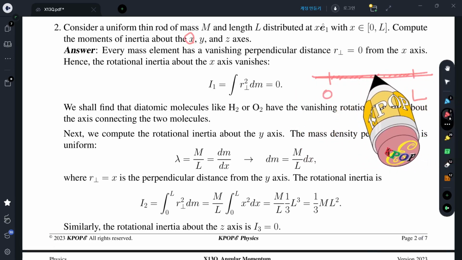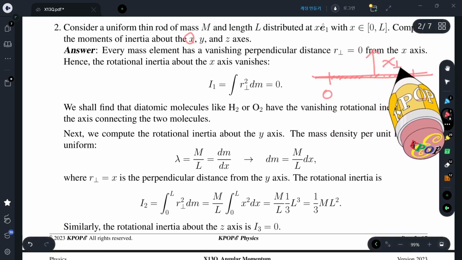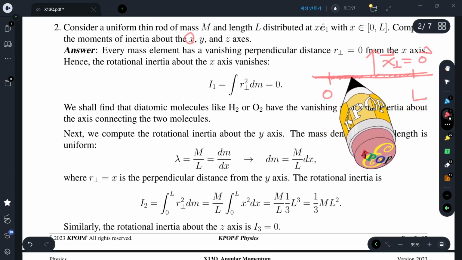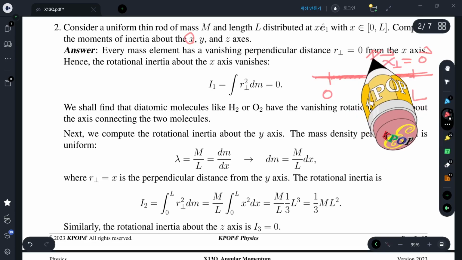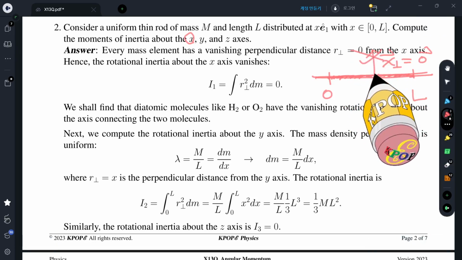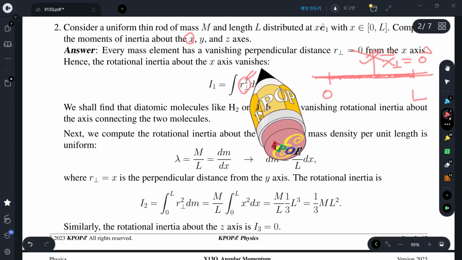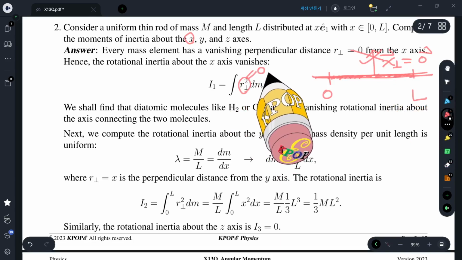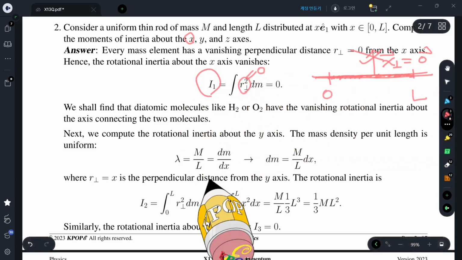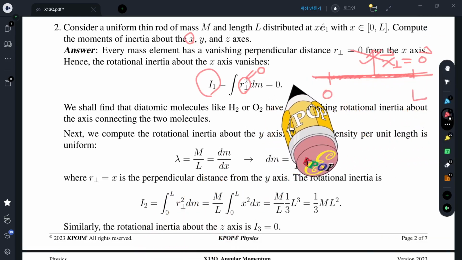About x-axis rotation, the x perpendicular vector is 0 because everything is on this axis. It is impossible to have a non-vanishing distance from the x-axis. So this integrand is 0 all over. Therefore, the rotational inertia about the x-axis is exactly 0.